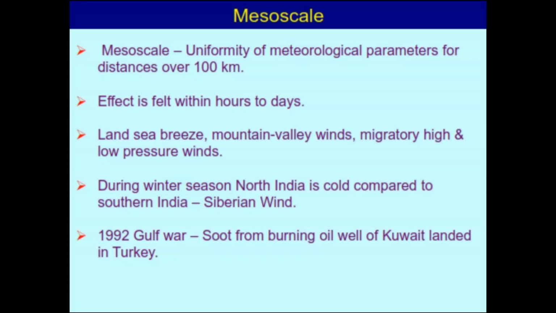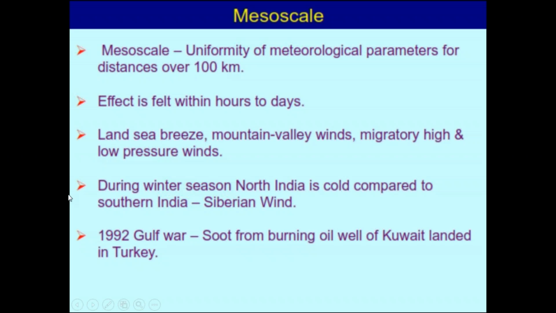Under the meso scale, the uniformity of the meteorological parameter is over more than 100 kilometers, and the effect is felt within hours to days, like 24 hours, 36 hours, or 48 hours. This is due to the land-sea breeze, mountain-valley winds, and migratory high and low pressure winds.